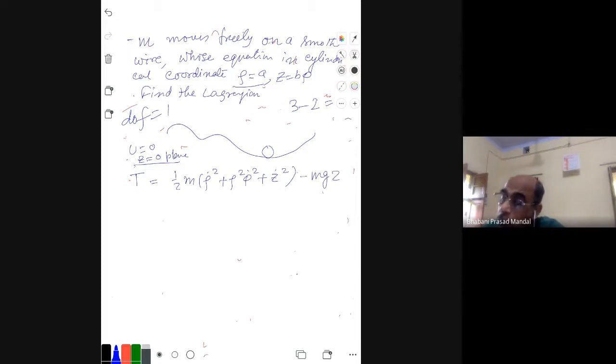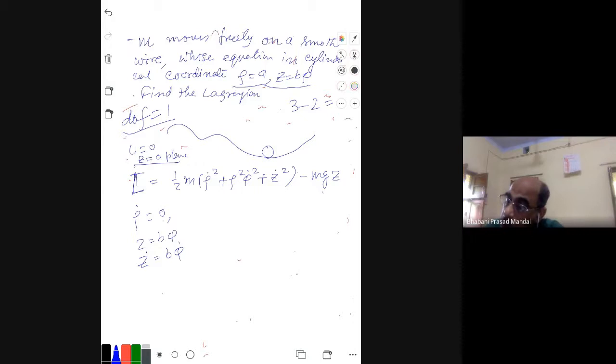But now the equation for the wire is only one dimensional, so the degrees of freedom is 1. The equation of the wire is given like this, so I have to use it in the Lagrangian. So rho equal to a, so rho dot equal to 0, z equal to b phi, so z dot equal to b phi dot.